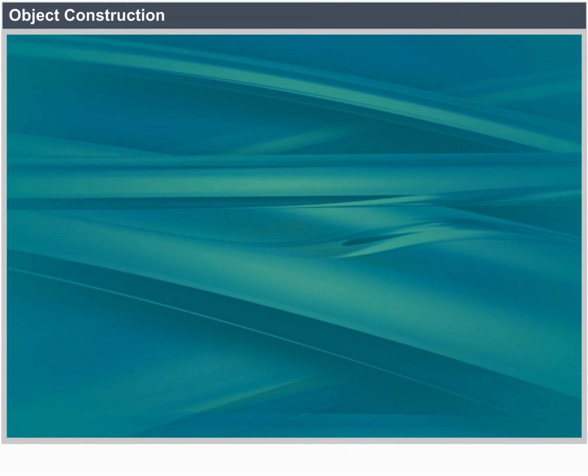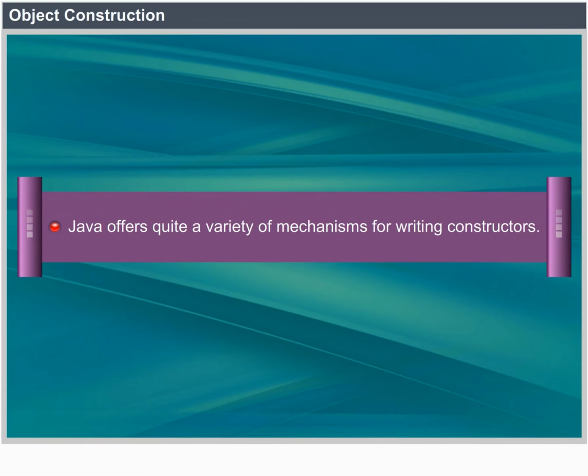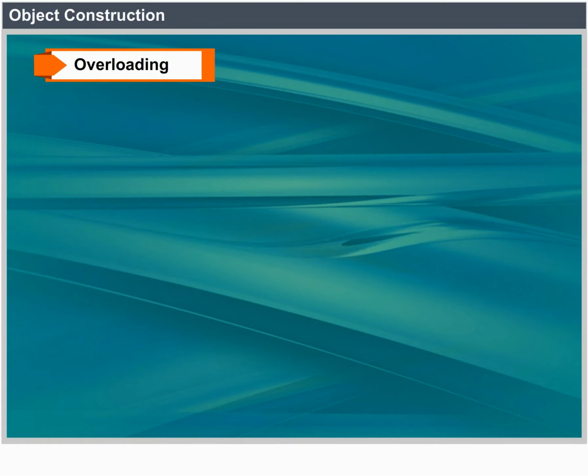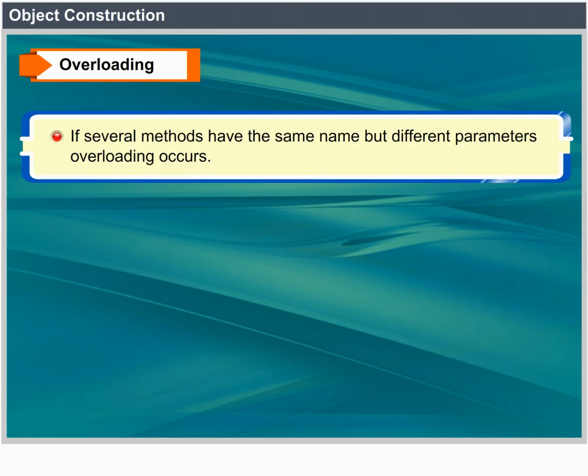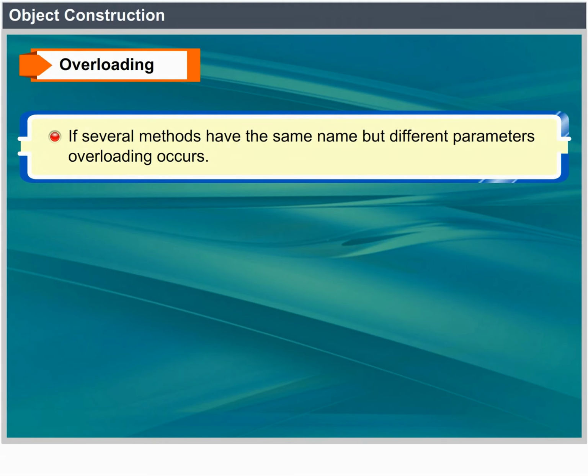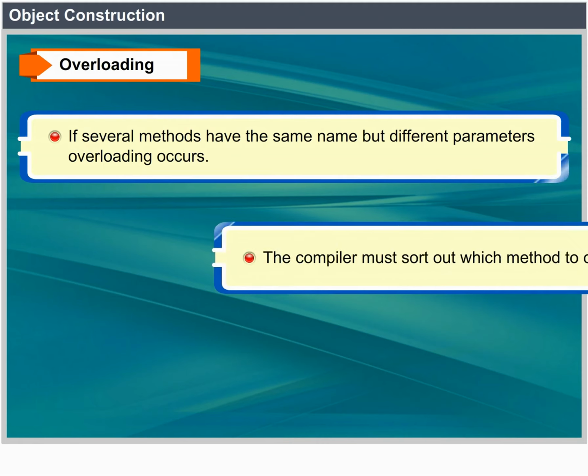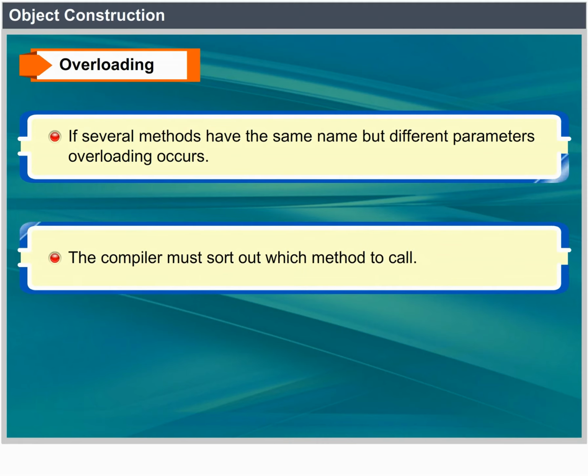Object construction. Java offers quite a variety of mechanisms for writing constructors. Overloading. If several methods have the same name but different parameters, overloading occurs. The compiler must sort out which method to call.